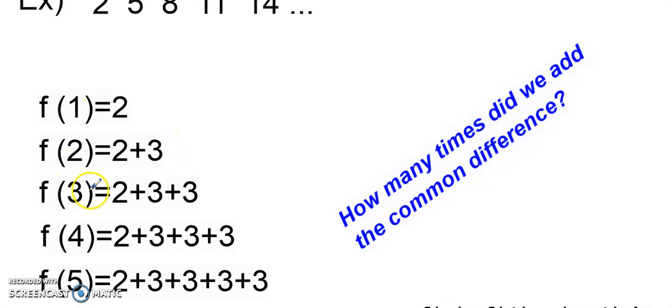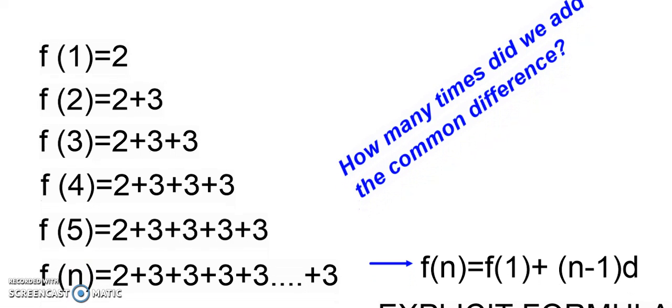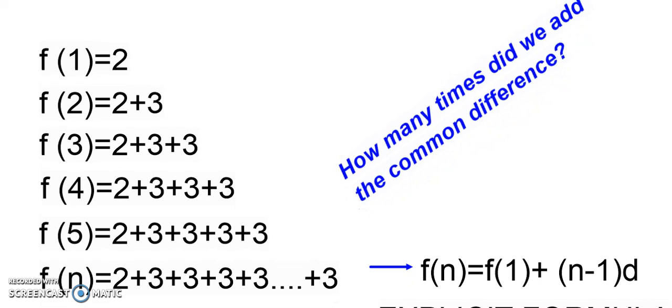To get to the third term, we take our original 2 and we add another additional 3, which is a total of 6. To get to our fourth term, we add yet again another 3. And what you should notice here is that the number of 3s we end up adding is actually just one less than the term that we're looking for.